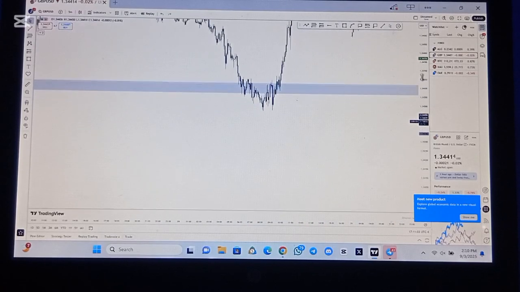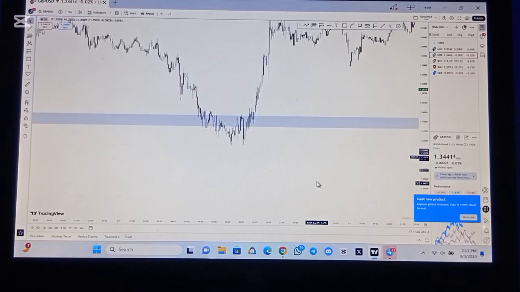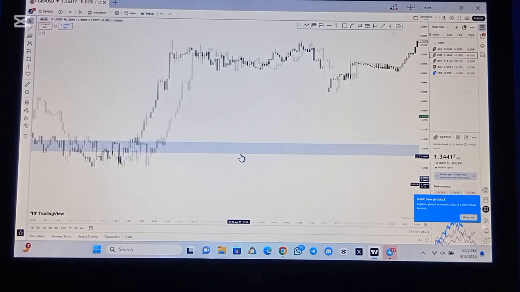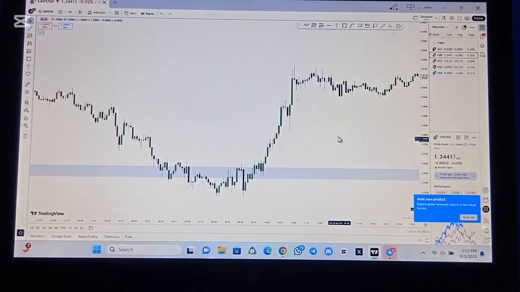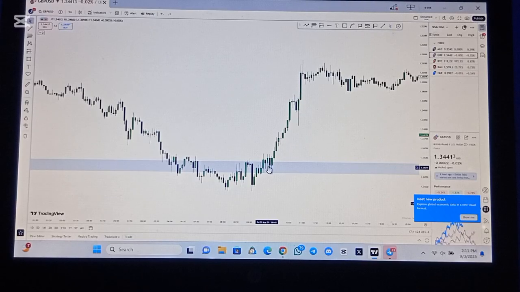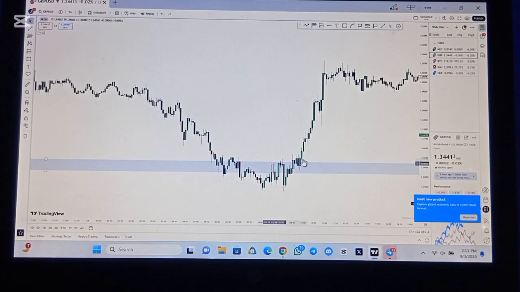For the 5 minutes time frame, what happened? After we have a break of structure on the 5 minutes time frame, and remember that's the high we're targeting, from here we have a break of structure, but it switches up around here. I see no fair value gaps that I could take.